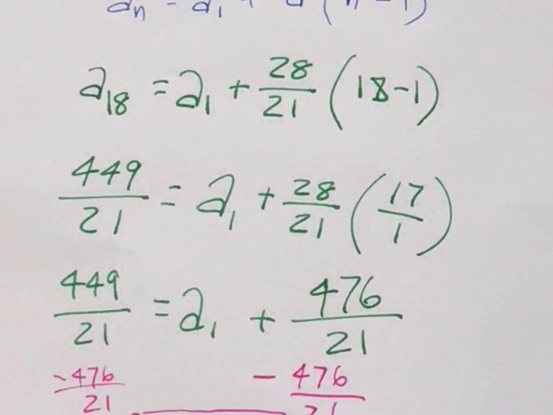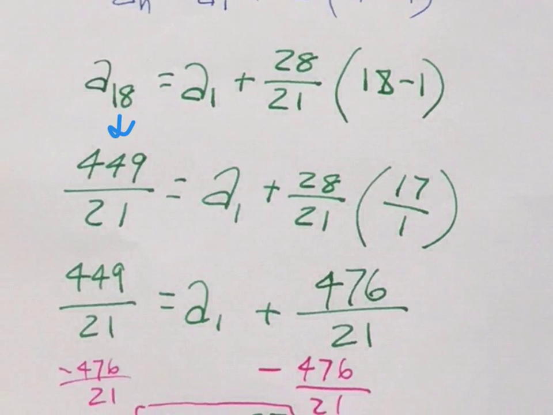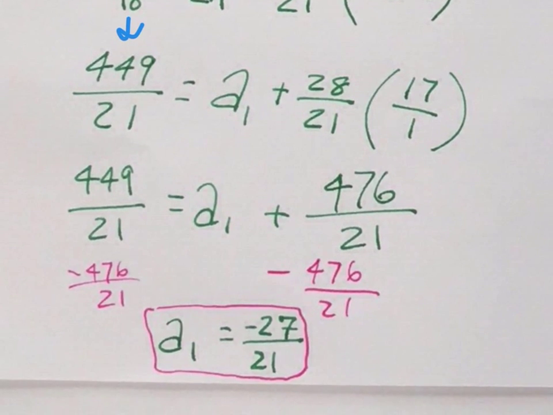We swap out a sub 18 for its value, 449 over 21, equals a sub 1 plus the new difference we just figured out times 17 over 1. We know this is n minus 1. I'm going to change it to 17 over 1 because that's going to be a little bit easier when we're multiplying.